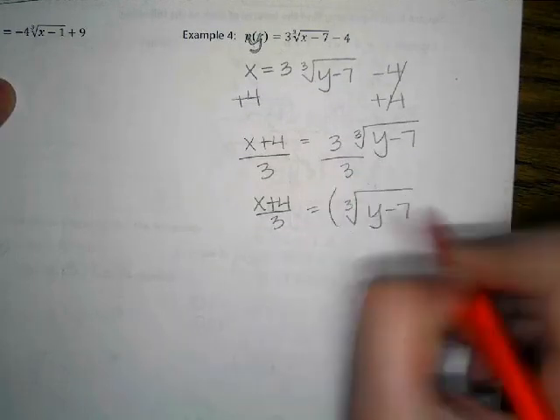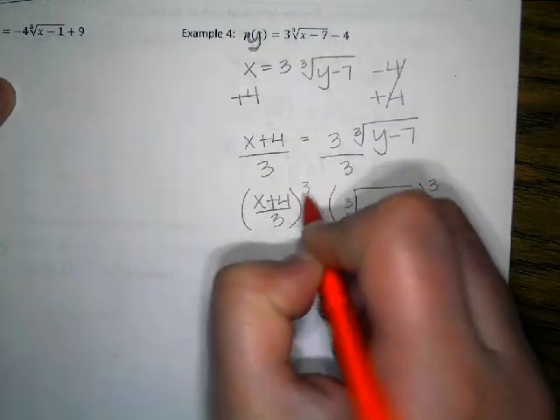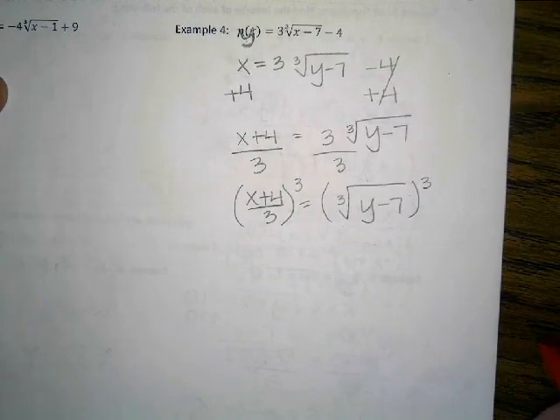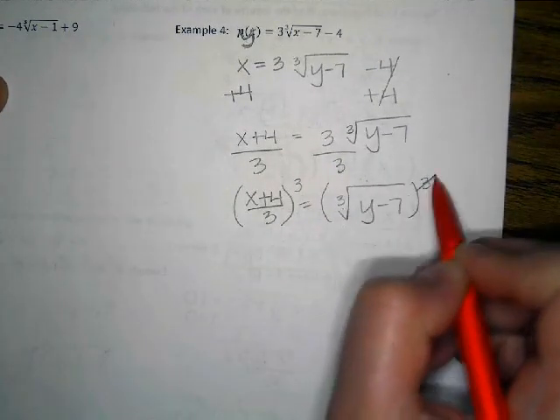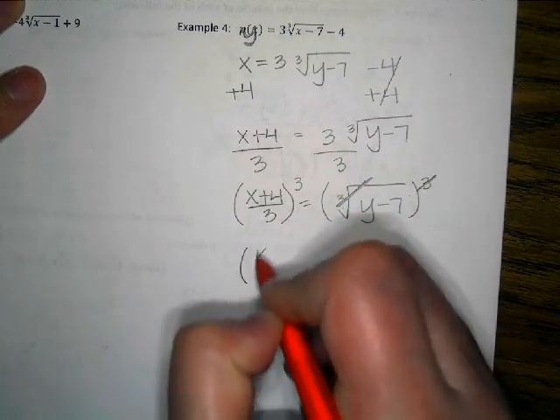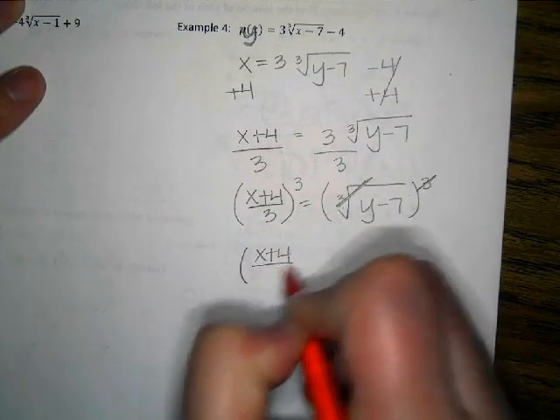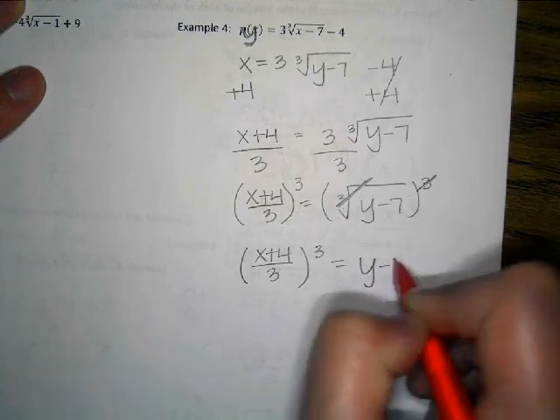Perfect. And the cube and the cube root cancel each other out. So we've got x plus 4 over 3 cubed equals y minus 7. And then we're going to add the 7.